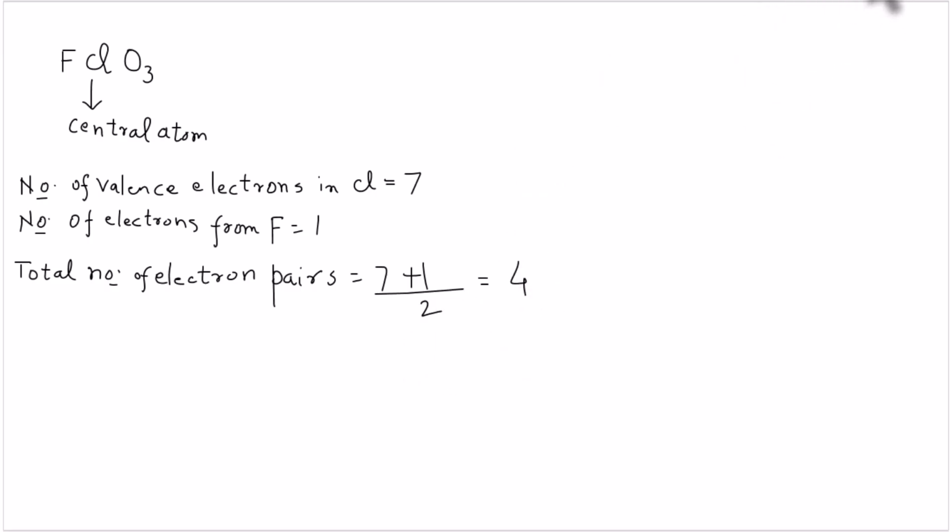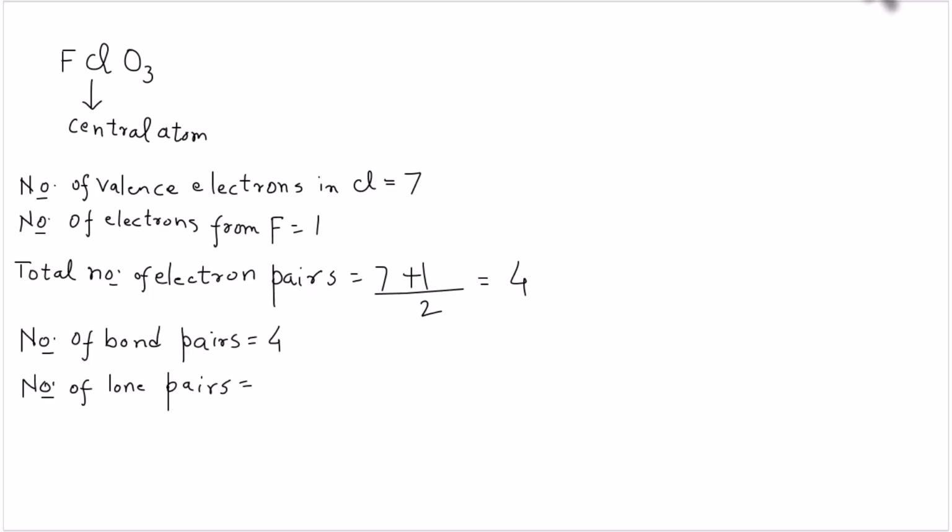Now how many bond pairs do we have? We have 1 fluorine, so 1 bond pair, and then we have 3 oxygens, and at least 1 sigma bond each of them should have. So we count 3 plus 1, that is 4 bonded pairs with the chlorine atom, which is the central atom. So the number of bond pairs should be 4.